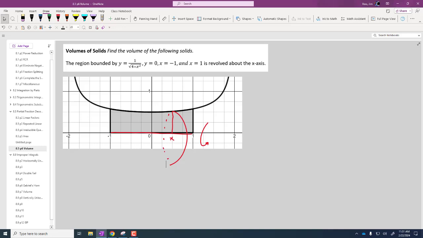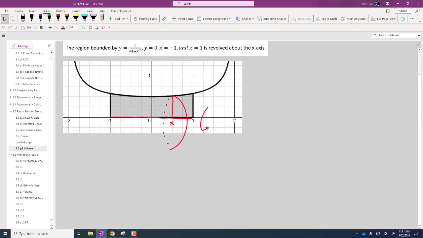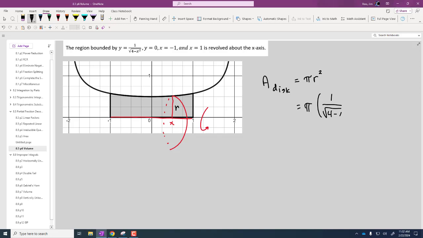So we are going with disks, and the area of a disk is pi r squared. So the area will be pi times the radius squared, and the function is the radius. That distance right there is the function. So we're going to have pi multiplied by that squared, which gets rid of the square root and makes it a lot simpler.